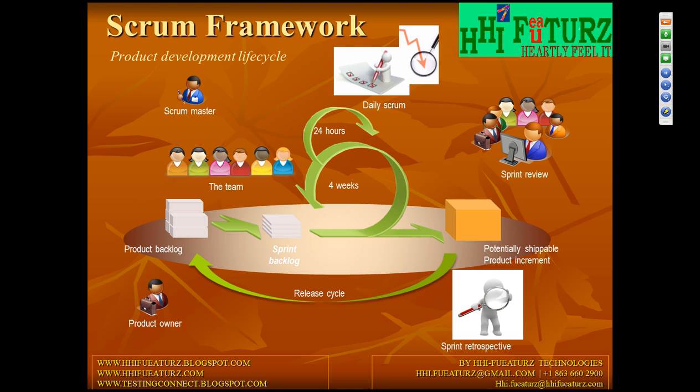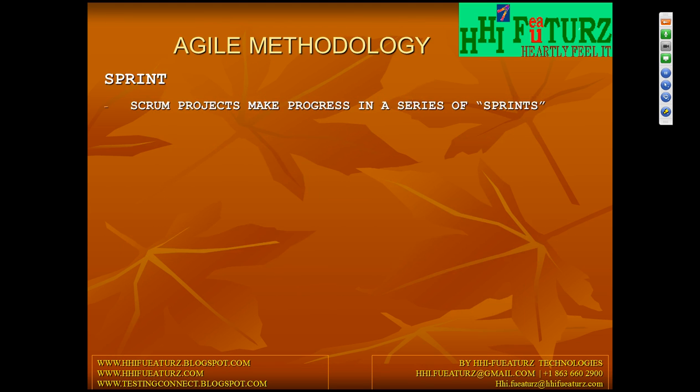Then the sprint retrospective will also happen. And you will come across other terminology like burn down chart and burn up chart. Each and every one is not covered yet, we'll discuss them one by one.